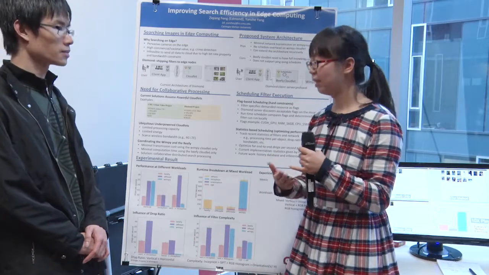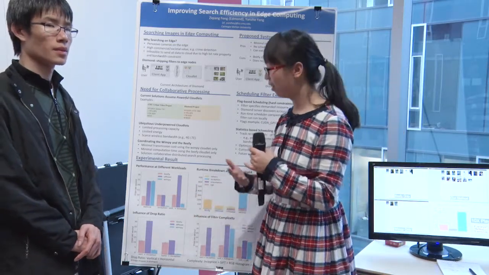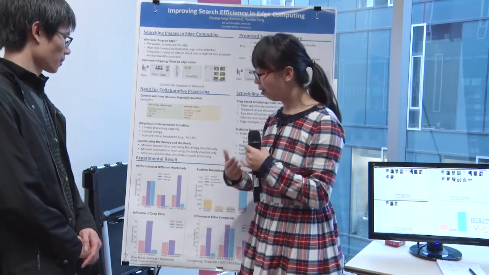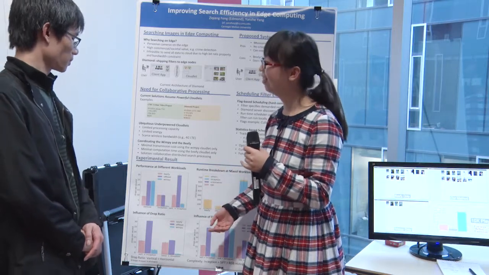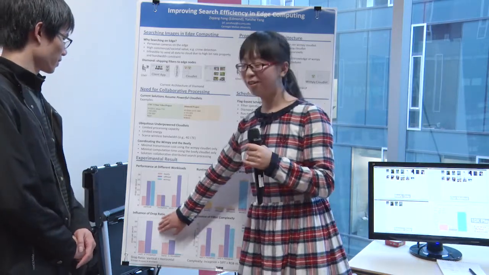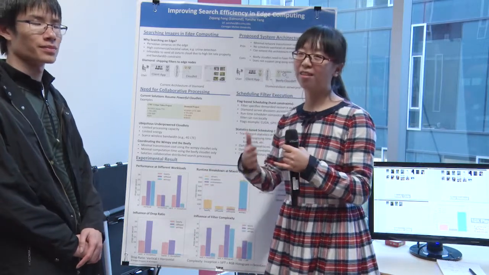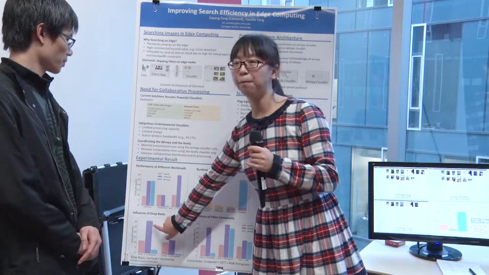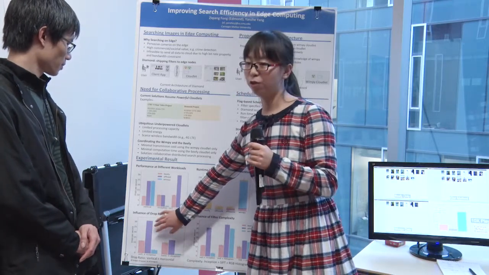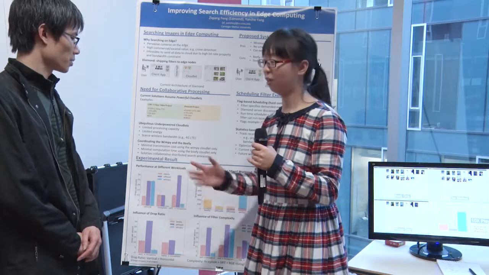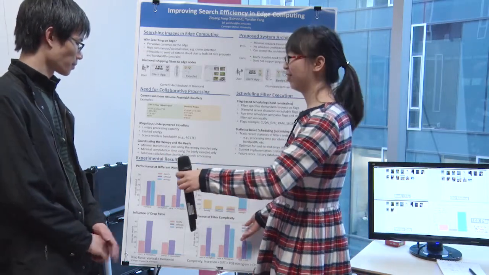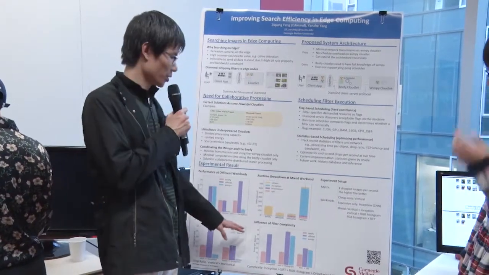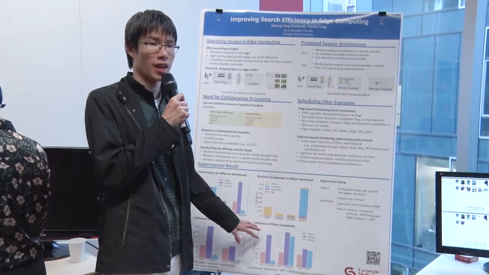So the filters are the same, but the only difference is this uses the vertical and this uses the horizontal. And the vertical filter will pass fewer images than the horizontal filter. So we can see we can get more benefit because this will transmit fewer images from the WinP to the BV cloudlet.